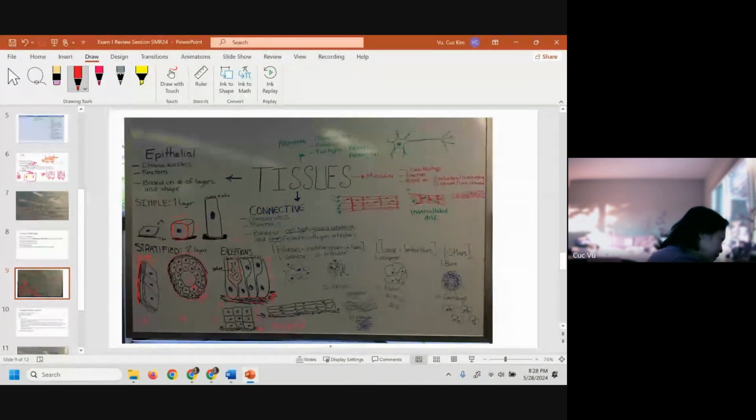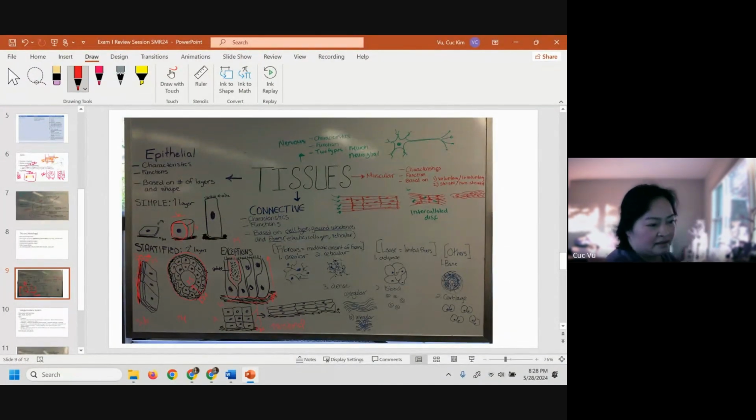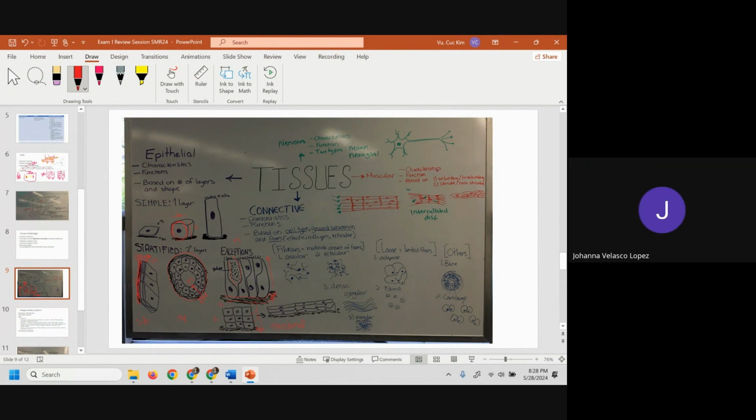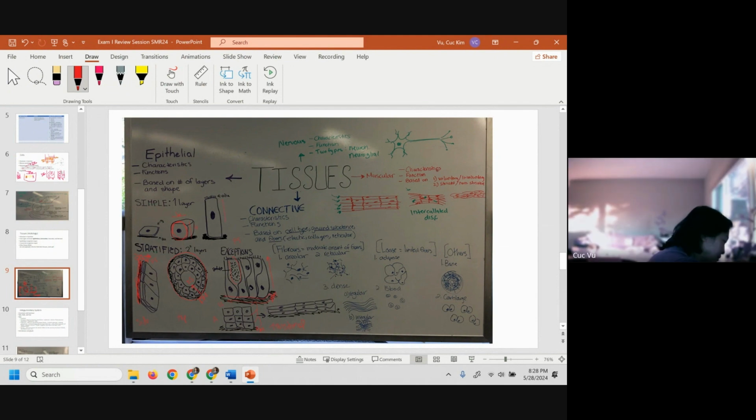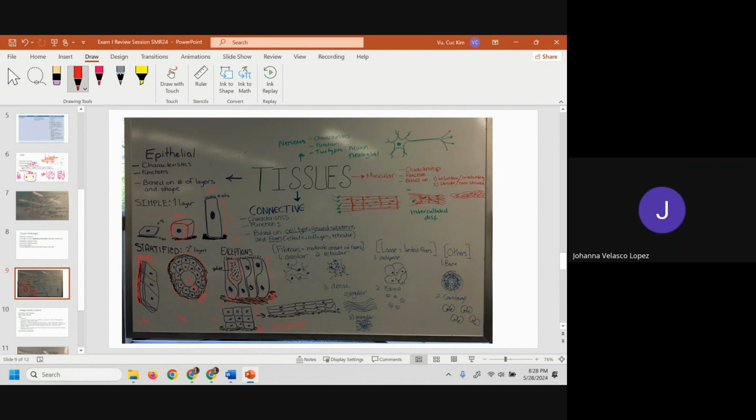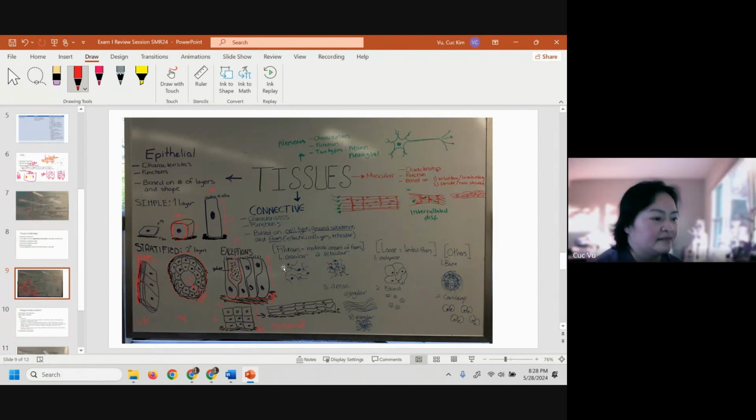And that will always be cuboidal. Whereas columnar, its height is always greater than its width. So cuboidal, I look for the length equal to the width. Yes. And columnar, I look for the tallness. Yes. Okay, thank you. Great.